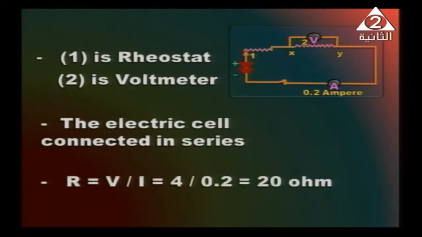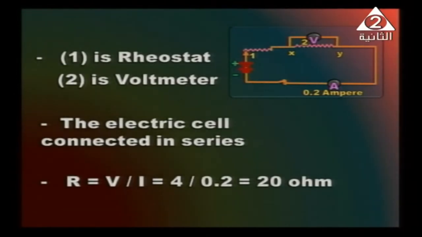Question number 3, determine the value of resistance. Resistance equals potential difference divided by electric current intensity. The potential difference equals 4 volt divided by 0.2 ampere, equals 20 ohm.